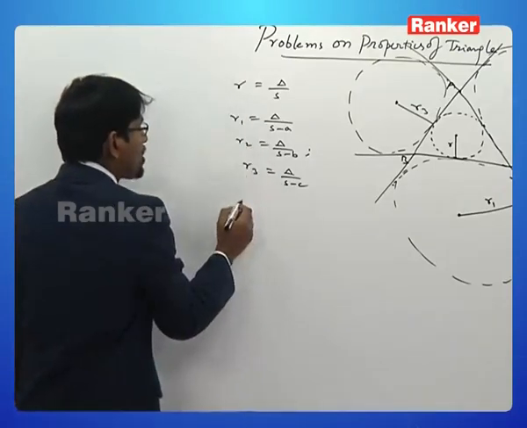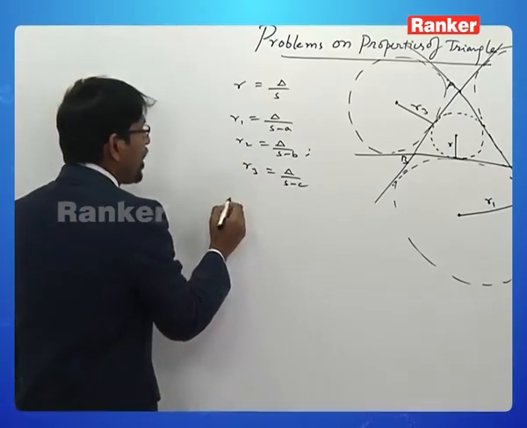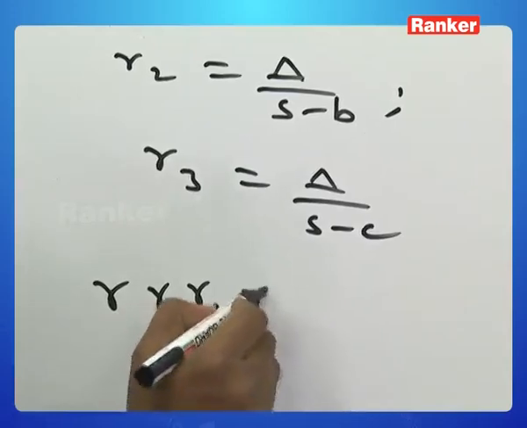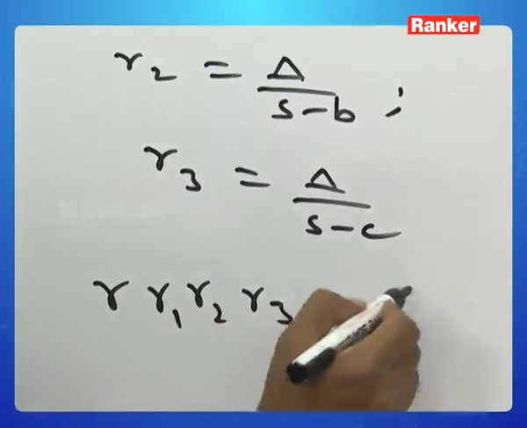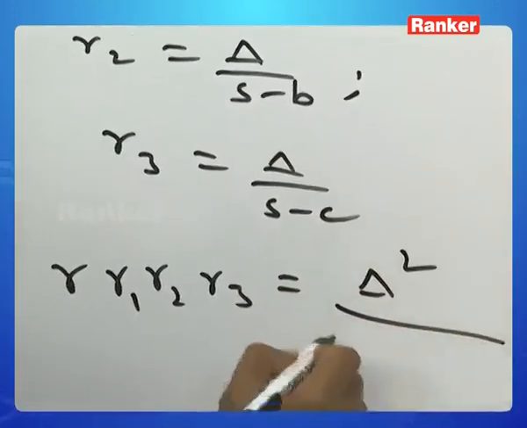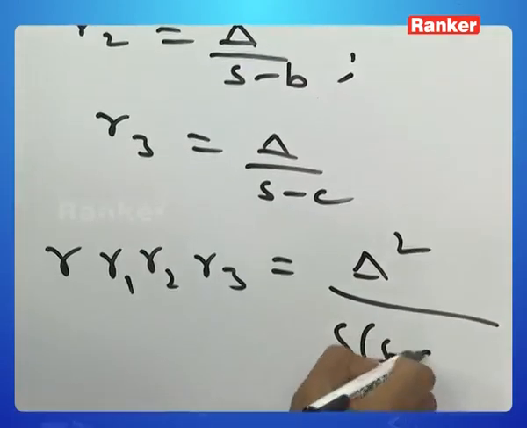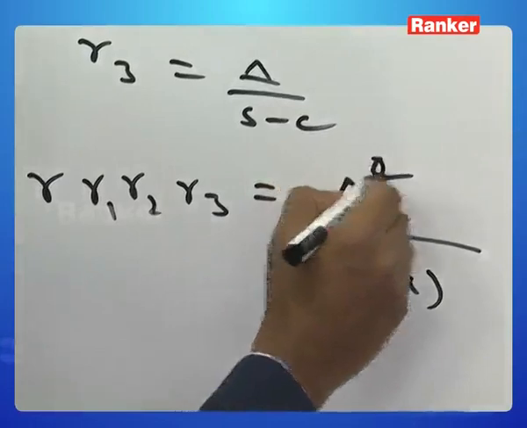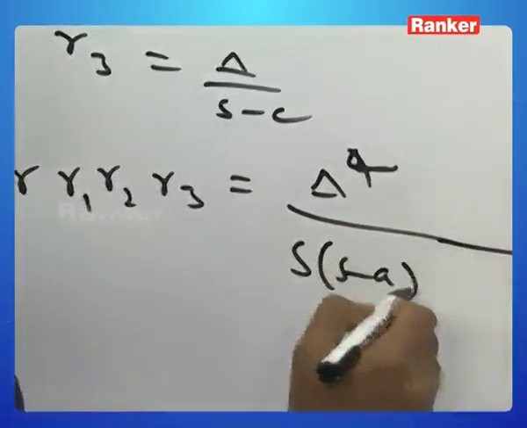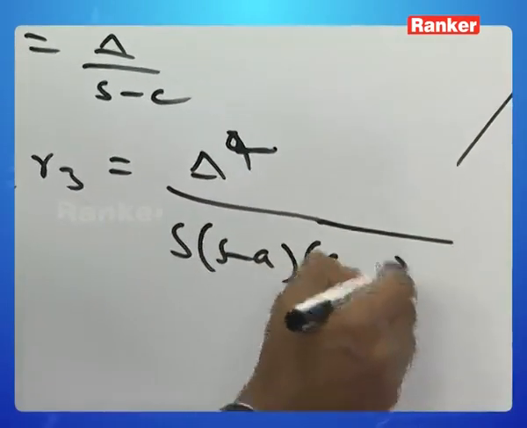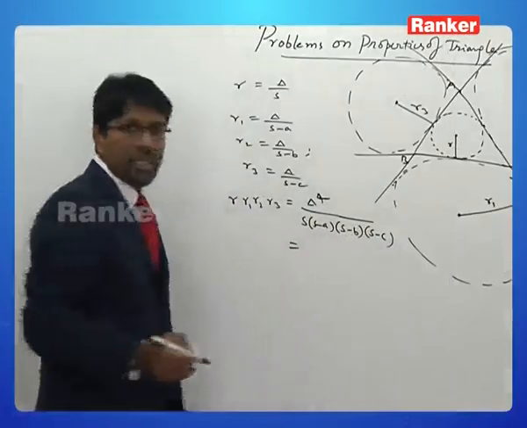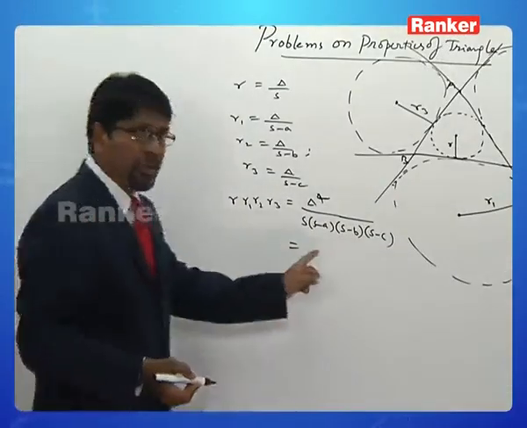Now, what will we find? We observe that R into R1 into R2 into R3 is equal to delta power 4 by S into S minus A into S minus B into S minus C. But the denominator is again, what is the denominator?